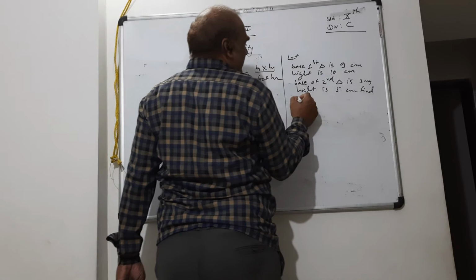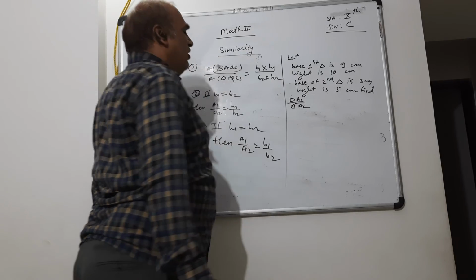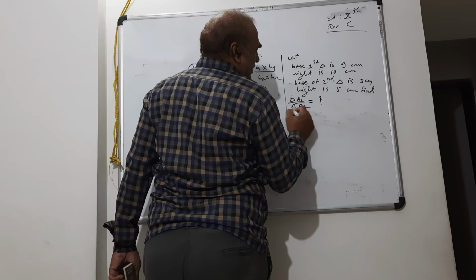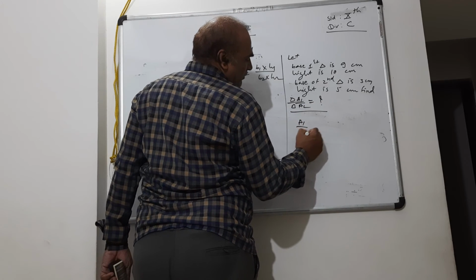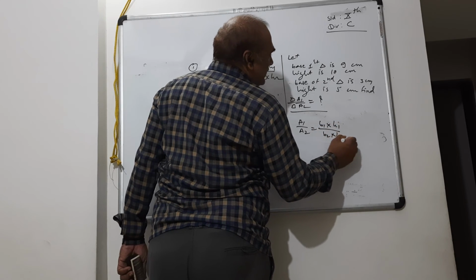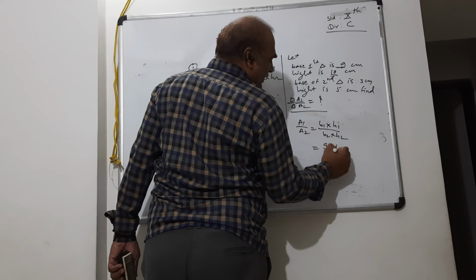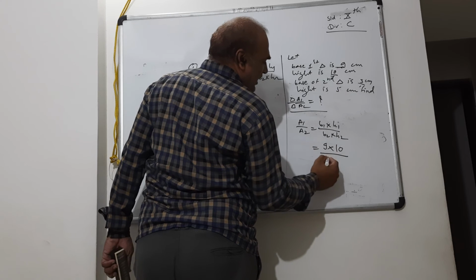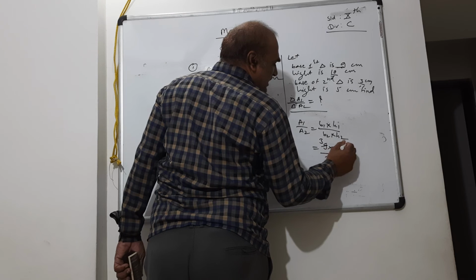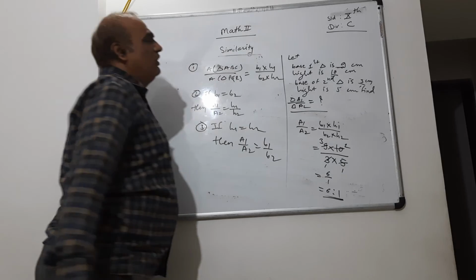Find the ratio A1 upon A2, the area of the first triangle upon the area of the second triangle. By the first property, A1 upon A2 is equal to B1 into H1 upon B2 into H2. Base is 9, height is 10, base is 3, height is 5. 3 nines are 27... 3 ones are 3, 3 threes are 9, 5 twos are 10. The ratio is 6:1. We got the ratio 6:1.